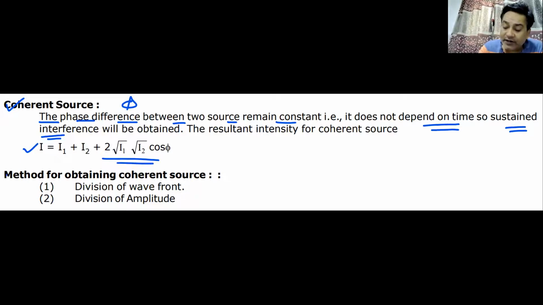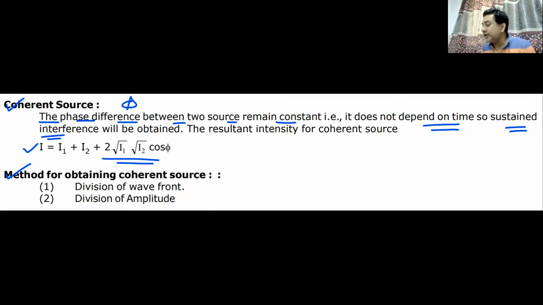How can we obtain coherent sources? There are two ways to obtain coherent sources of light, and please note it down. Coherent sources of light should be obtained from a single source of light. For example, there is white light here in my room.